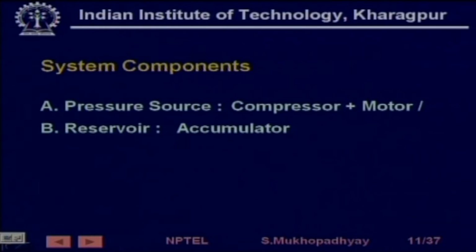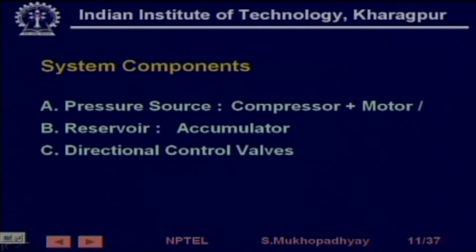Reservoir or accumulator. The reservoir accumulator is very much necessary because pneumatic system response tends to suffer. Suppose you want to move a cylinder, then you have to create pressure on it. Creating pressure takes some time, because the air will have to flow into the cylinder chamber and get compressed enough.